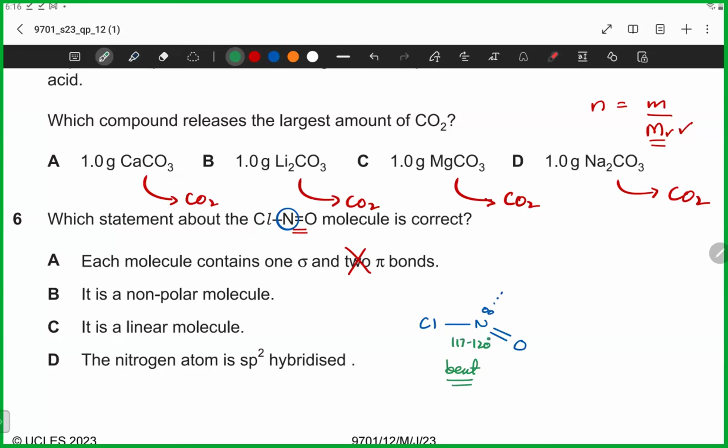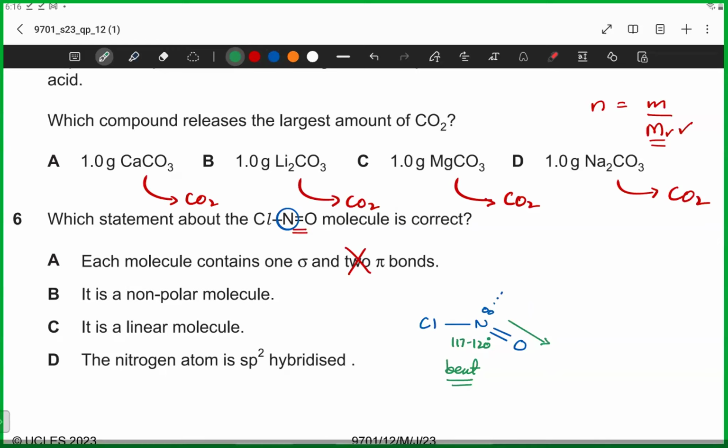So it is. Okay, which is the most electronegative atom out of all these three? Well, Cl, N, or O, which one is the most electronegative? Cl? No, O. Oh, okay. Okay, O is the most electronegative. Check this too on the Pauling scale.